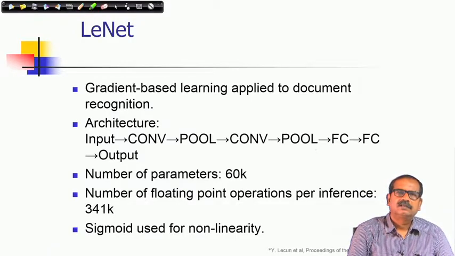Its number of parameters was around 60,000, and the number of floating point operations per inference was 341k, that means about 341,000, and it uses sigmoid as a nonlinearity function.